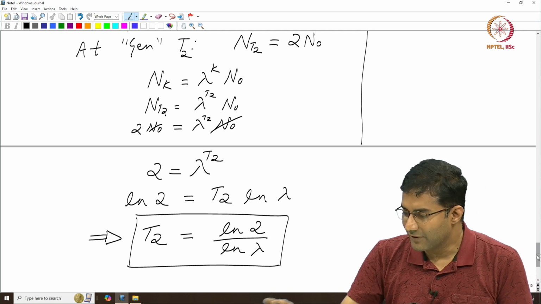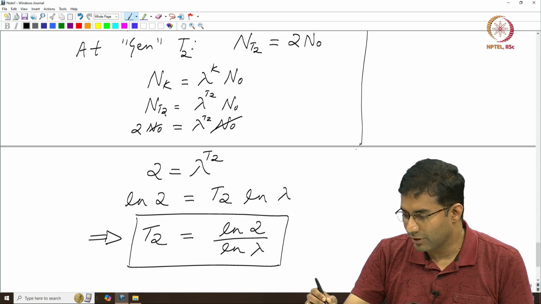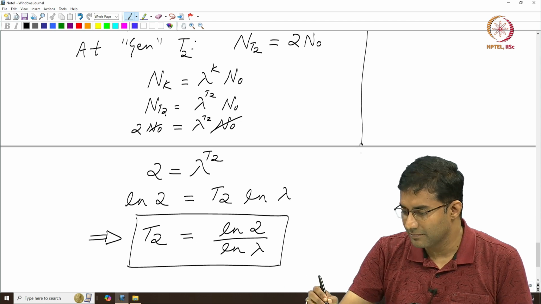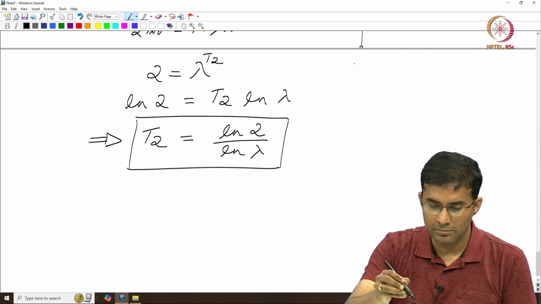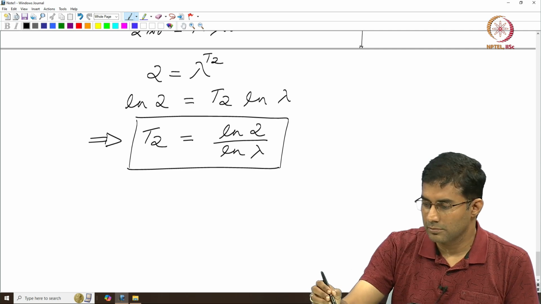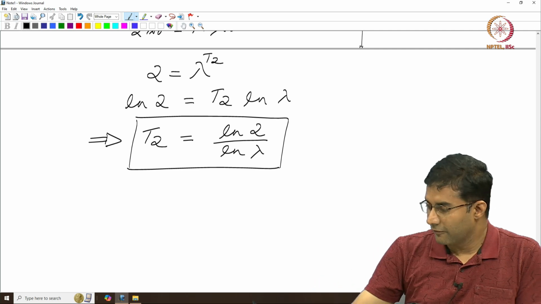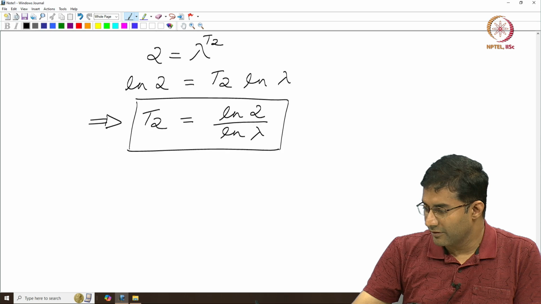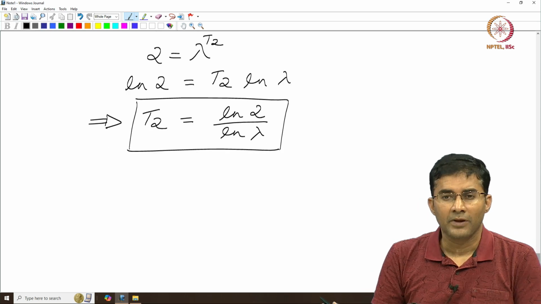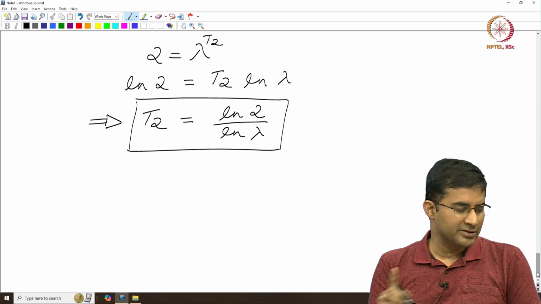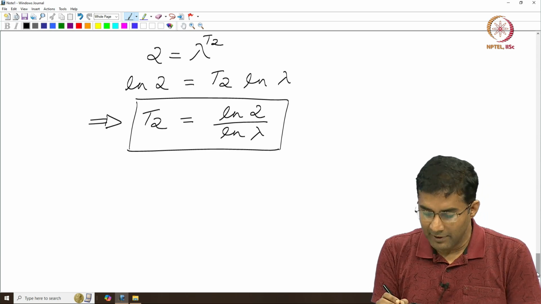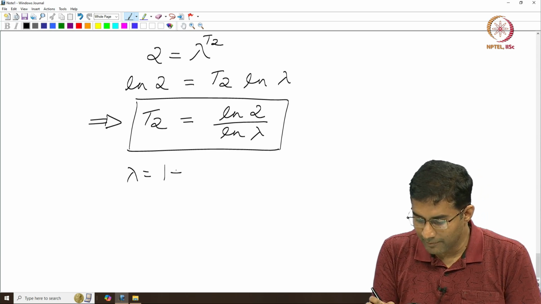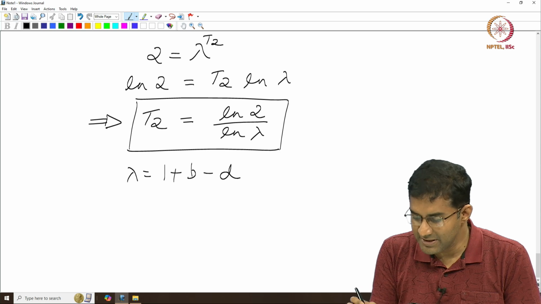What I have done before coming to this class is make a table of how, for various values of lambda, the doubling time will look. Just remember one important thing here, lambda is basically 1 plus b minus d.